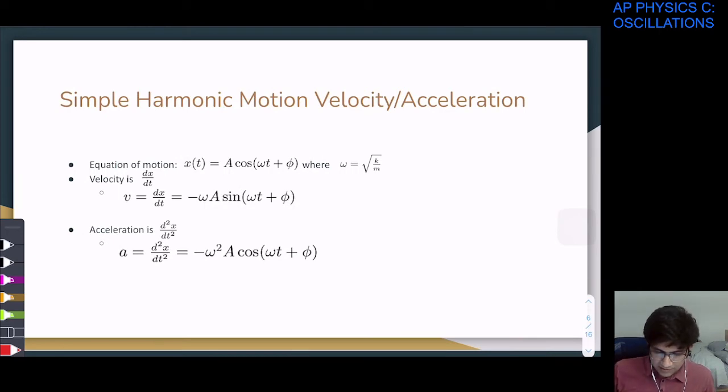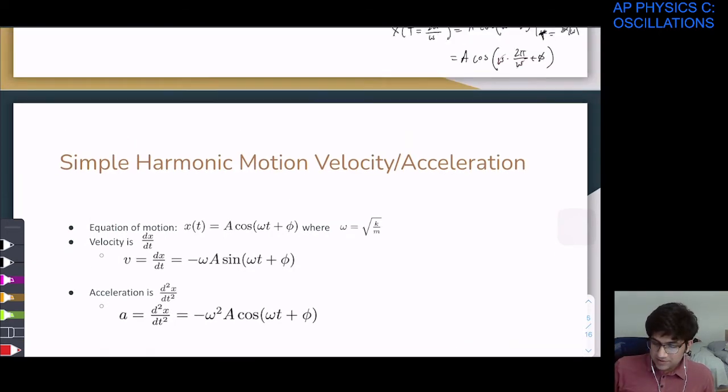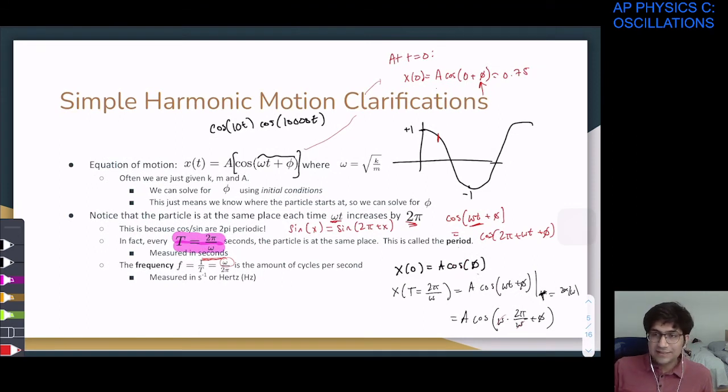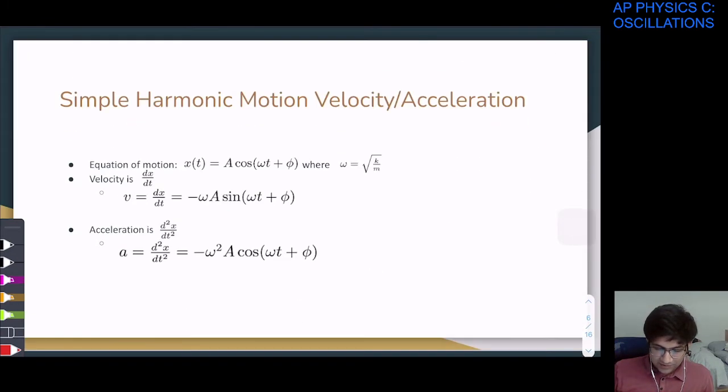All right, so we've been looking at position, right? We've been looking at x of t. So this is telling us where our particle is at a certain time. But as physicists, we care about velocity, acceleration, all these big things. So let's take a look at velocity. Velocity is dx dt.